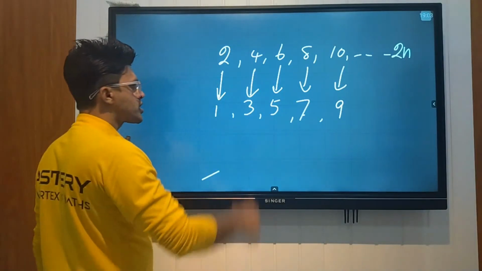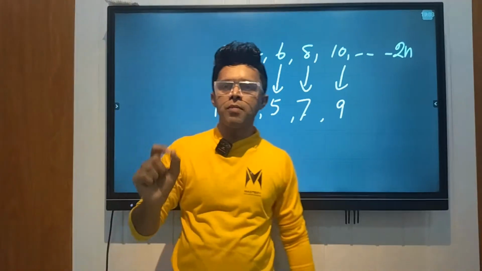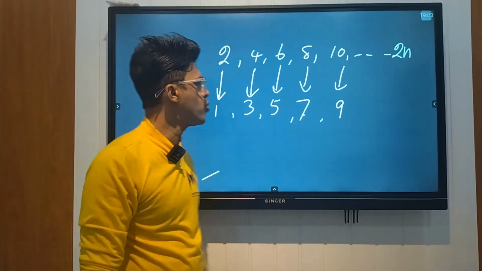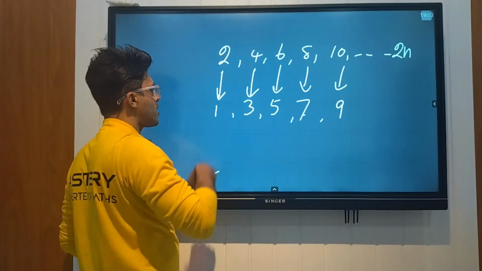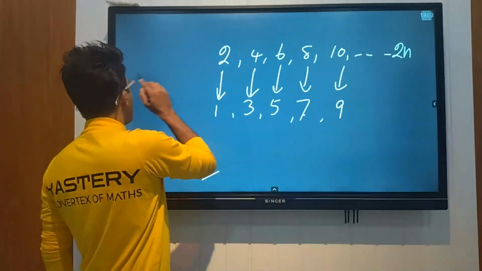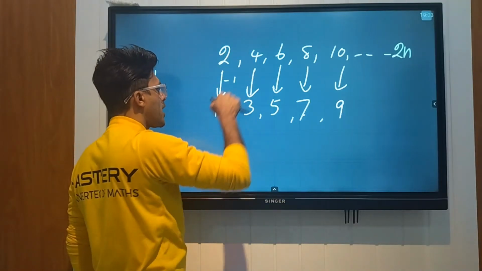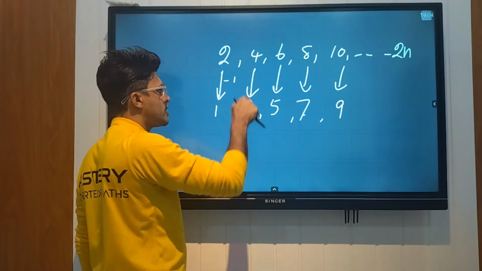You could see that this also should be taken in terms of simple n, which is the general term of odd numbers. So how have we taken here 1? You know that 2 minus 1 is 1. Here you could see the relation between this 4 and this 3.